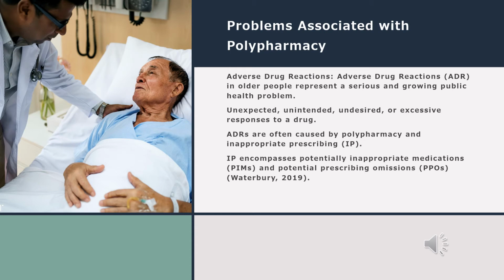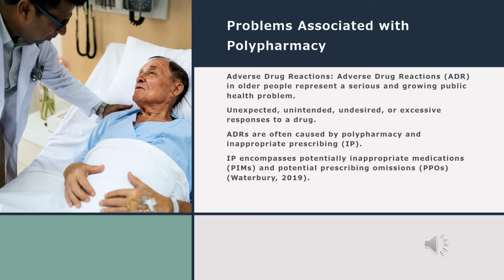As you can imagine, there are many problems that are associated with polypharmacy. And some of the common ones are adverse drug reactions, and this represents a serious and growing public health problem in the elderly population. Adverse drug reactions are unexpected, unintended, and undesired or excessive responses to a drug.